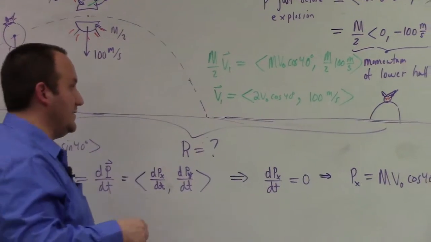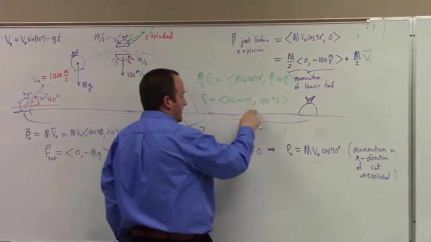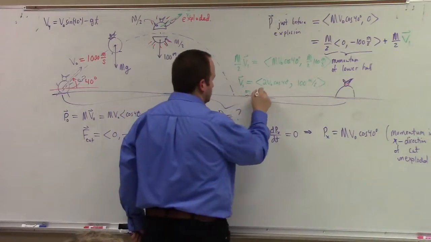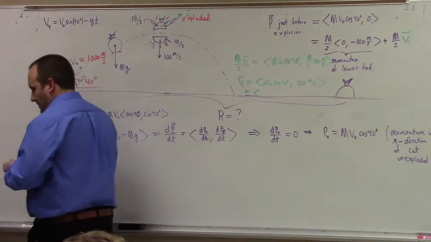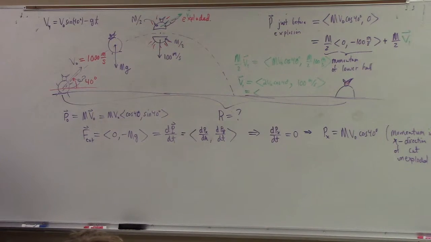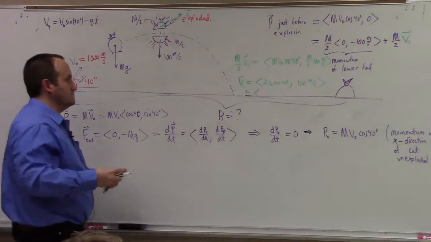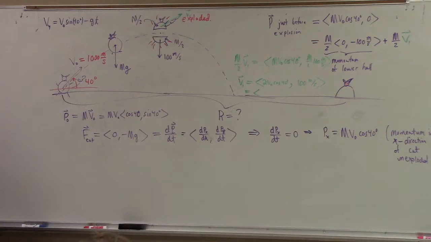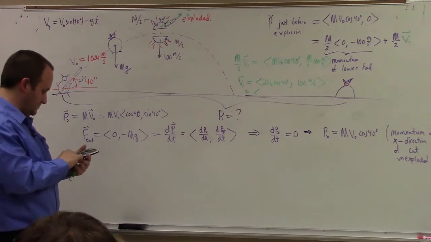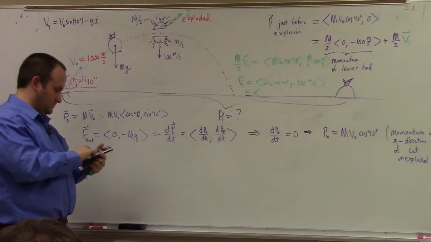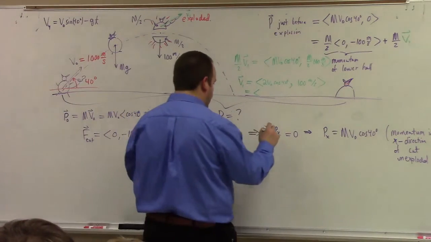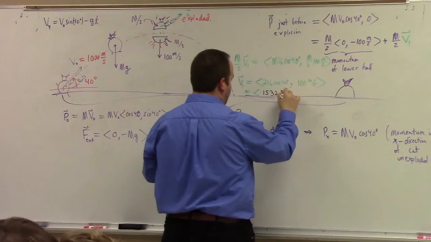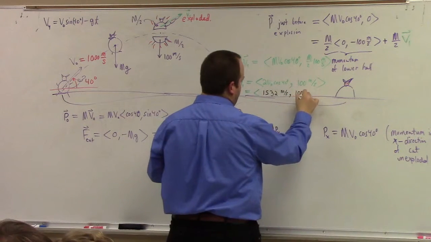But it is, because they're equal. So that's V1, which is 2000 times cosine 40, which is 1,532 meters per second, comma, 100 meters per second.